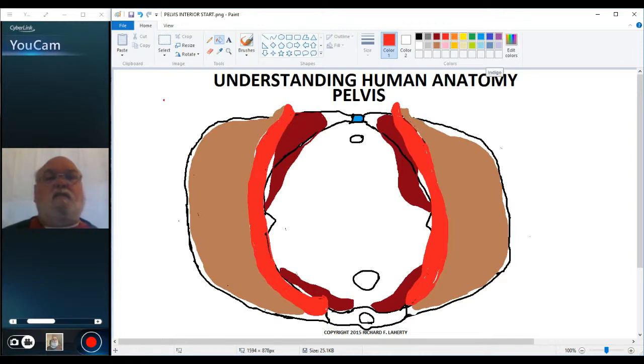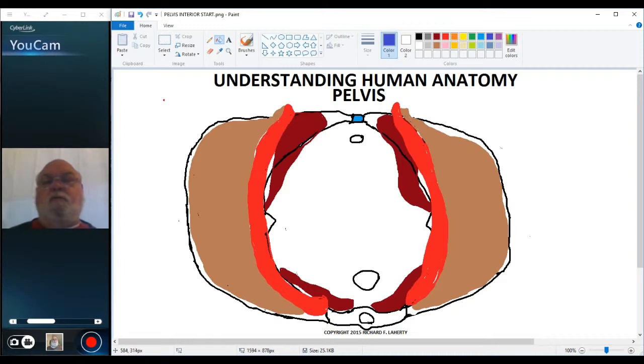Now, the floor of the pelvic cavity is covered by the pelvic diaphragm, and the pelvic diaphragm was discussed in a previous video on the perineum, and I'm not going to go through drawing in all the individual muscles of the pelvic diaphragm.